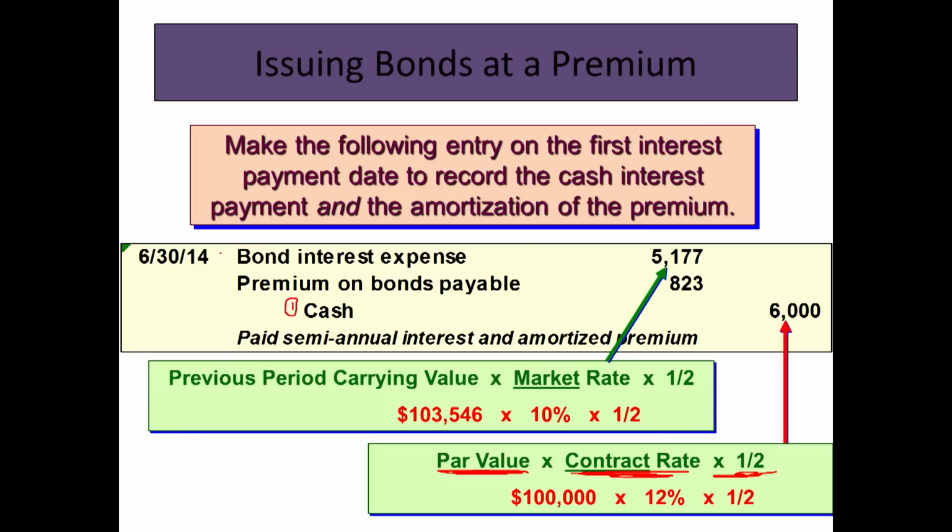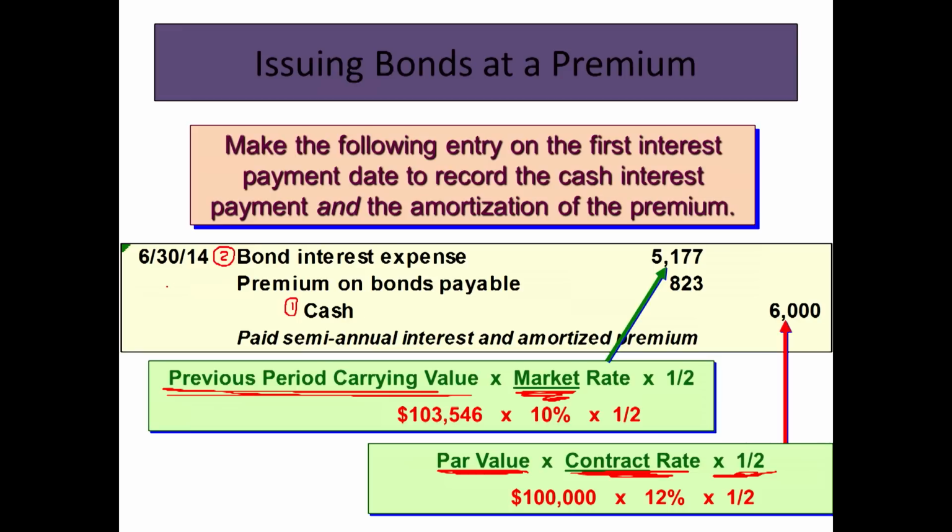The second thing that you do in the journal entry, once again, is debit bond interest expense. For how much? Once again, it is the previous period carrying value times the market rate times 1/2. Isn't that how we computed bond interest expense when bonds were sold at a discount? Yep. Once you do this first and second thing, you ask yourself, does the journal entry balance?